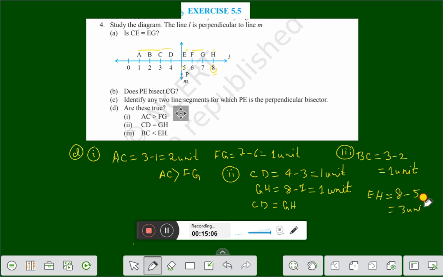Right? Therefore, BC is 1 unit and EH is 3 units. Therefore, you can say that BC is less than EH, right? This is the solution of question number 4.